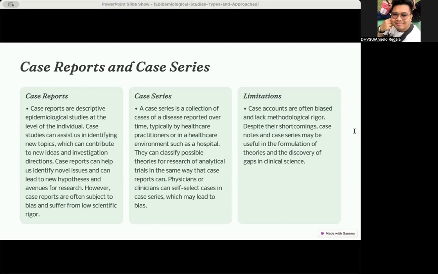As a physician, you can handpick which case you would like to work on in a case series, which may also have some biases.